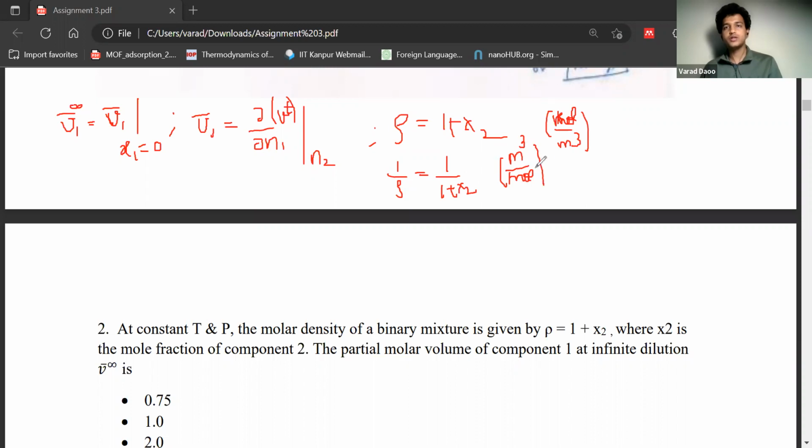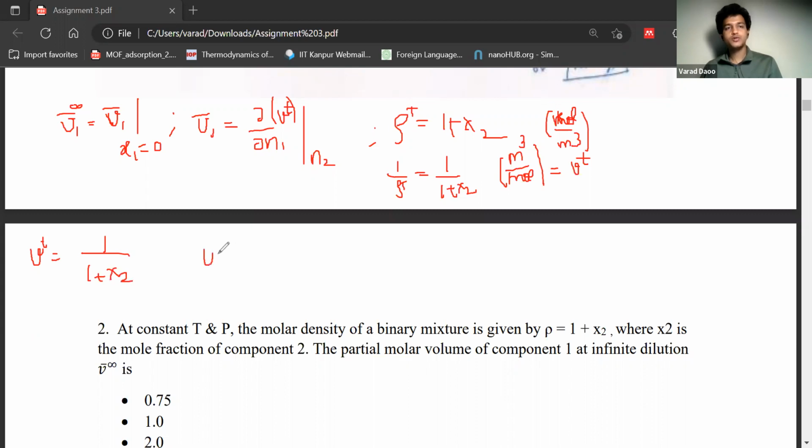So this unit is nothing but total, right? Because this is total density, so its reciprocal will be the total volume. Hence, what we get is that the total molar volume V is nothing but 1 by 1 plus x2, right?